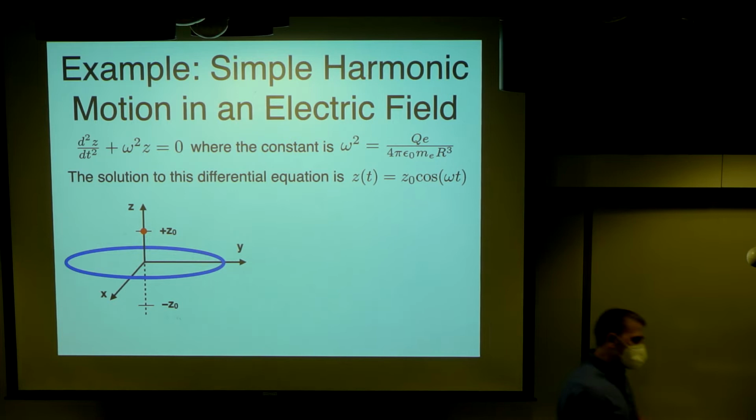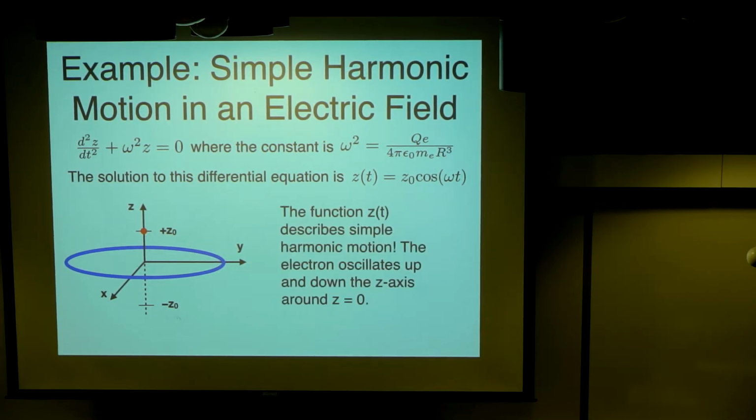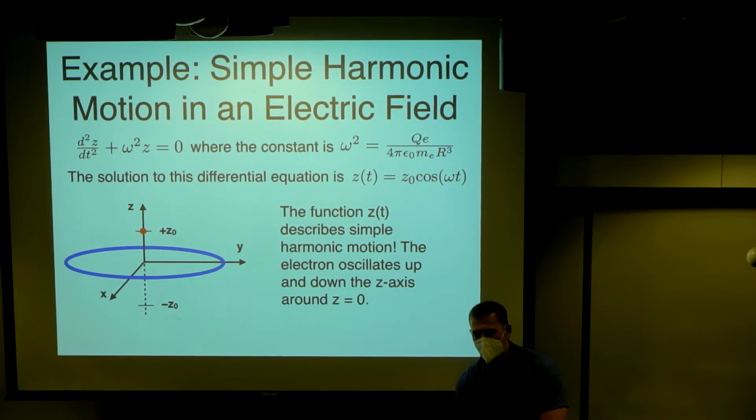What does this look like? Well, I'm going to show you an animation. Okay? This is what the simple harmonic motion on the z-axis looks like. So we start at z naught, shoot down to negative z naught, back up, and then back down. That just keeps happening, right?